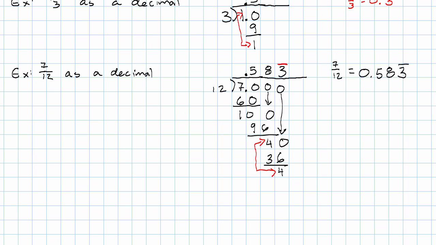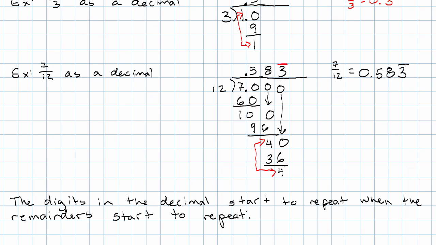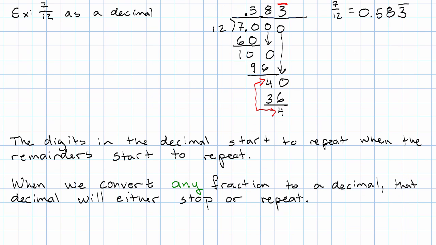And our clue for when the repeating pattern starts is that the decimals will start to repeat as soon as the remainders start to repeat. And that's actually the most interesting fact here, because that tells us that when we convert any fraction to a decimal, that decimal will either stop or repeat.